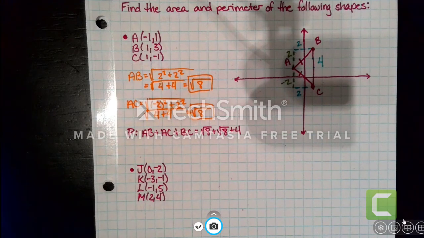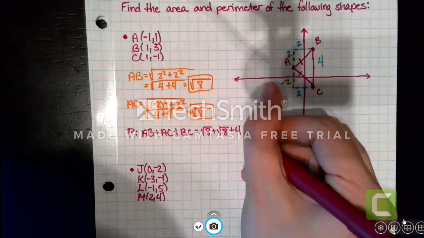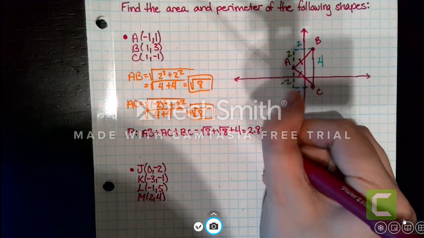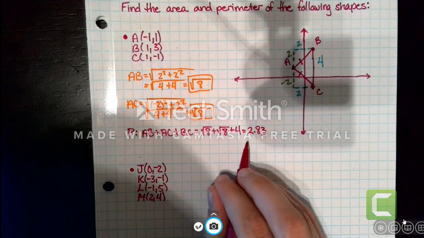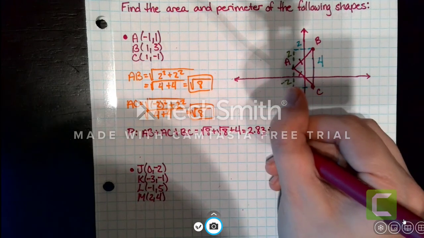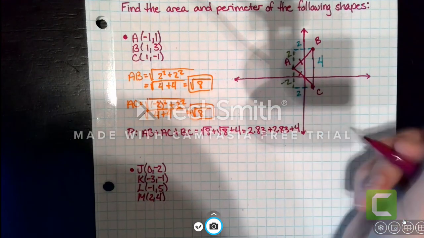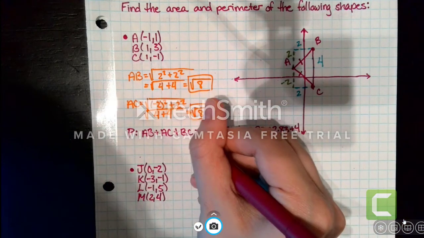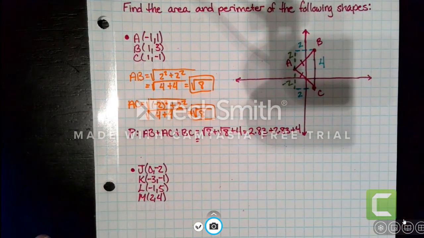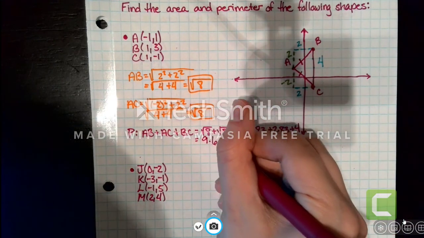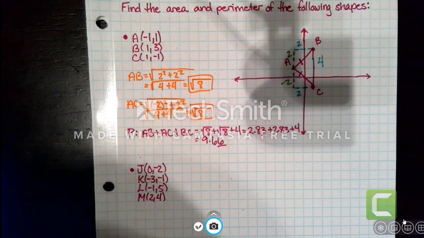So the square root of 8 equals about 2.83 when rounded to the hundredth. So 2.83 plus 2.83 plus 4, your perimeter is equal to 9.66 when rounded to the hundredth.